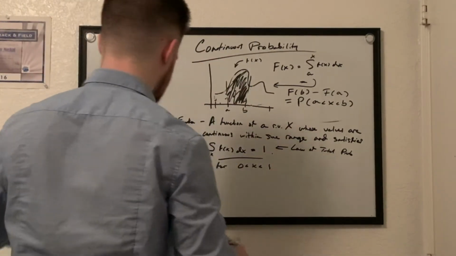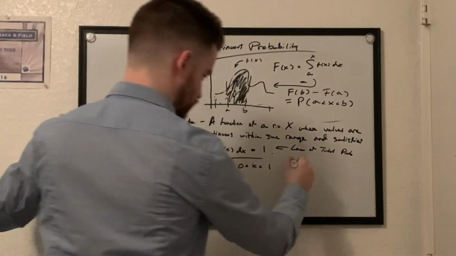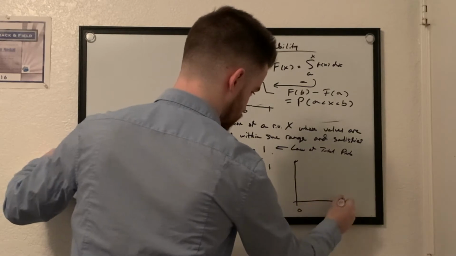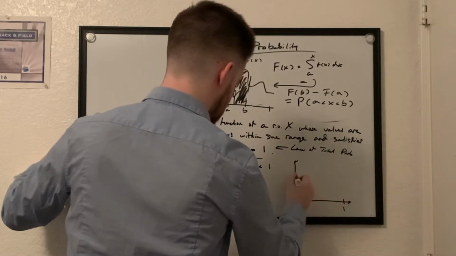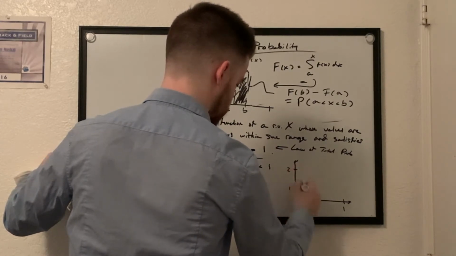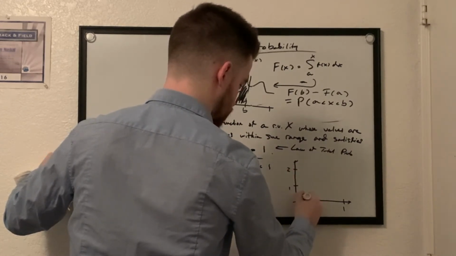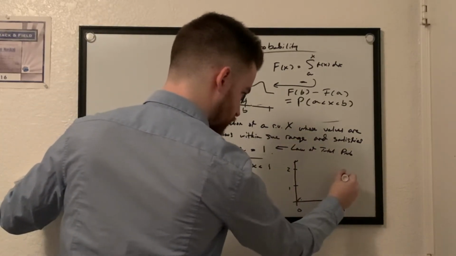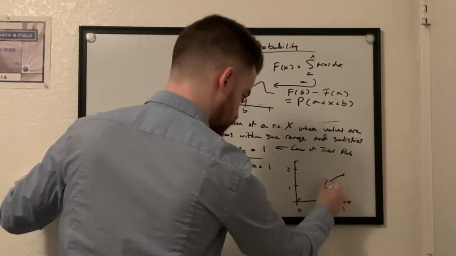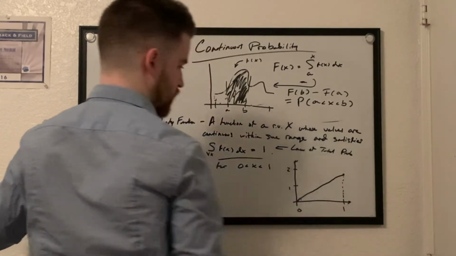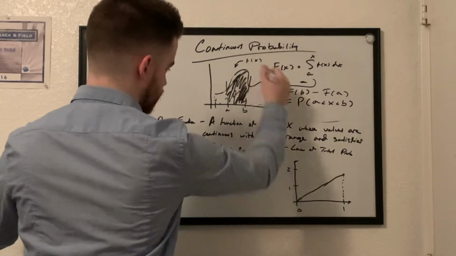Okay, yeah, that should work. So let's graph it first. Here is 0, here is 1, and then we're going to draw 2x. Well, 2x is just a linear line, so we plug in 1 here, we're going to get 2 times 1, which is 2. So we're going to have a point up here, and then we're just going to connect these two. This is our curve, you can think of it as.